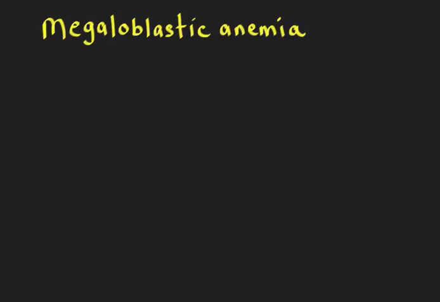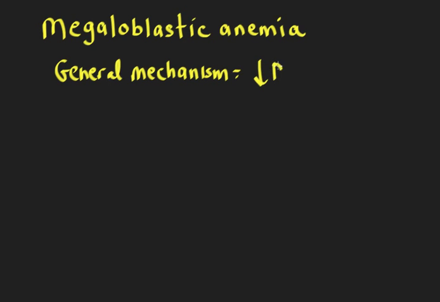So the major underpinning for megaloblastic anemias is that there's a problem making DNA. An important place to start for the general mechanism is that there's an impairment of DNA, a decrease in DNA synthesis.